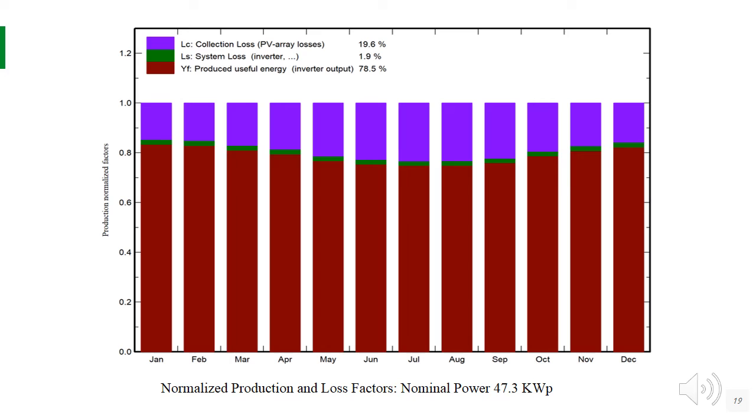This figure depicts the system's normalized production and loss factors, allowing users to see how much of the sun's energy is wasted due to the PV array and inverter before it is converted into power for the consumers.